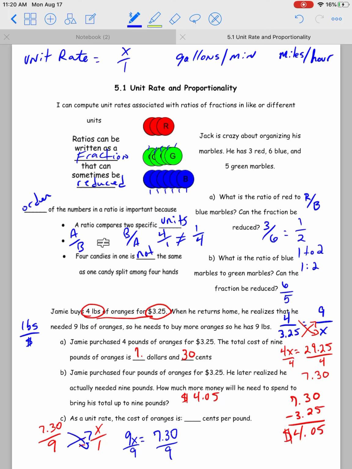I'm going to divide by 9 and divide by 9. And x will equal 0.81, or 81 cents.